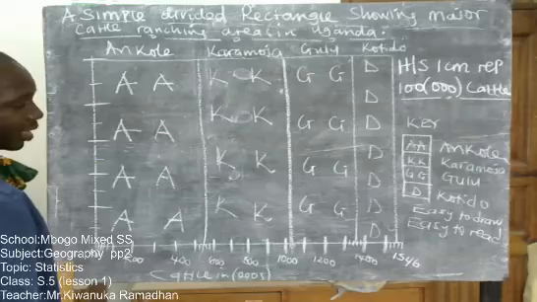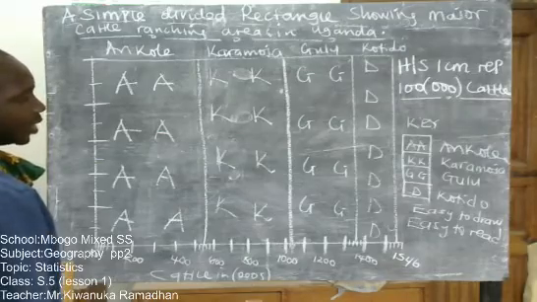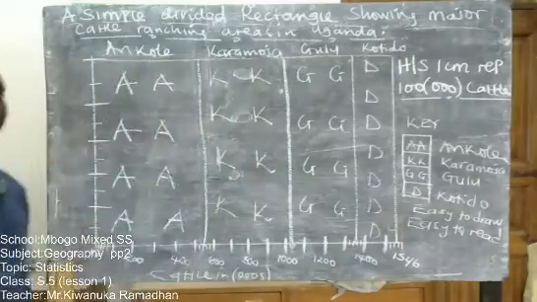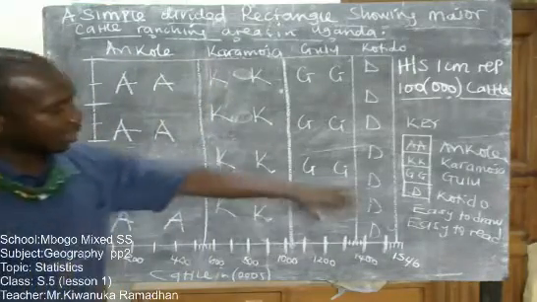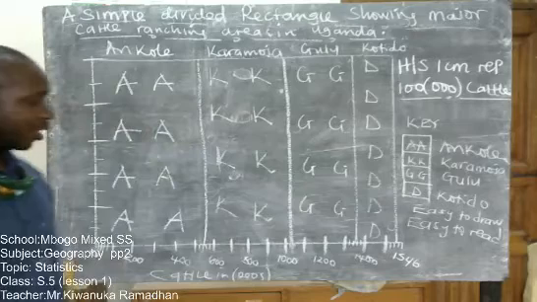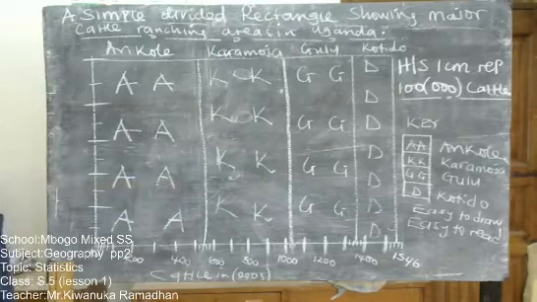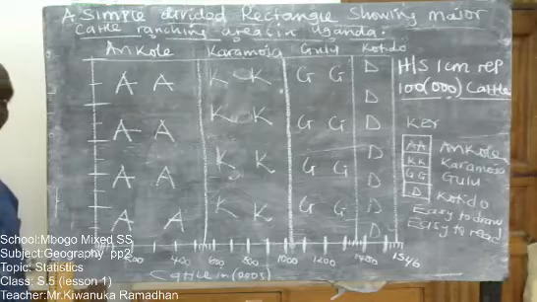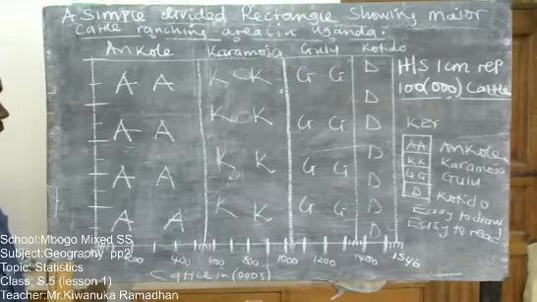Then maybe the least cattle ranching area is Kochido, because when you look at the rectangle, you clearly see that Kochido has a small segment compared to Ankole. So the method is easy to read, understand, interpret.